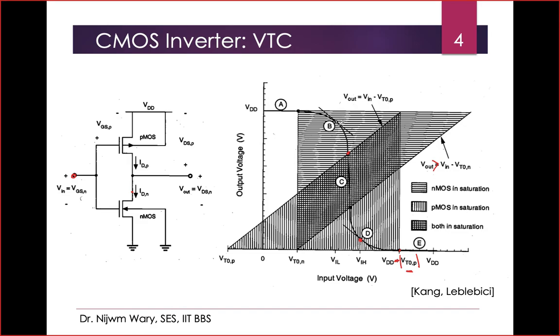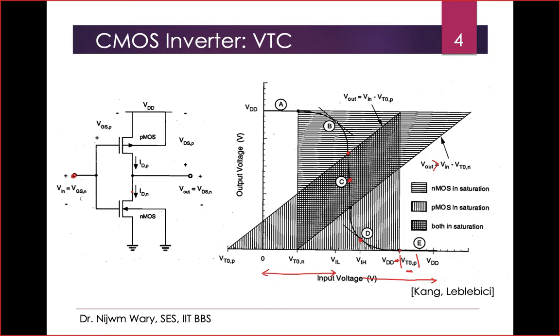Suppose the characteristic is symmetric, and this point is at VDD by 2, with this VIL and VIH. What this is telling is that if I sum VIL and VIH, I'll get VDD. This is very easy to understand, because if this is perfectly symmetric, the region from this point to this point will be equal to the region from VIH to VDD, because it's symmetric, right?